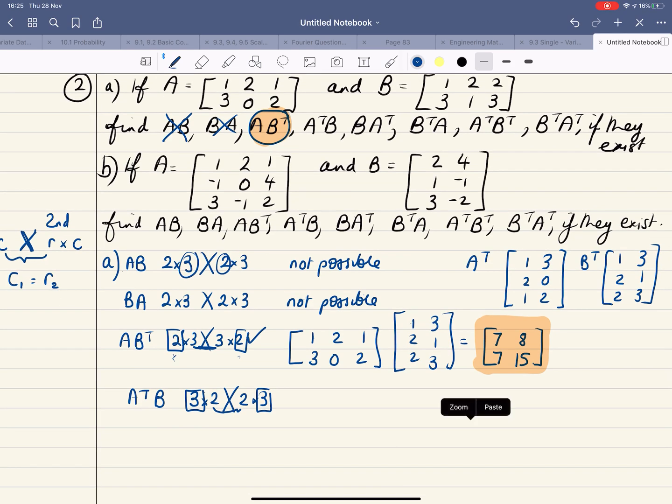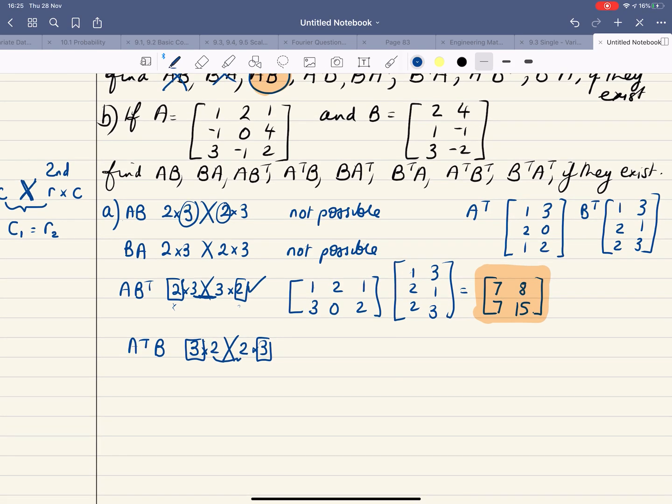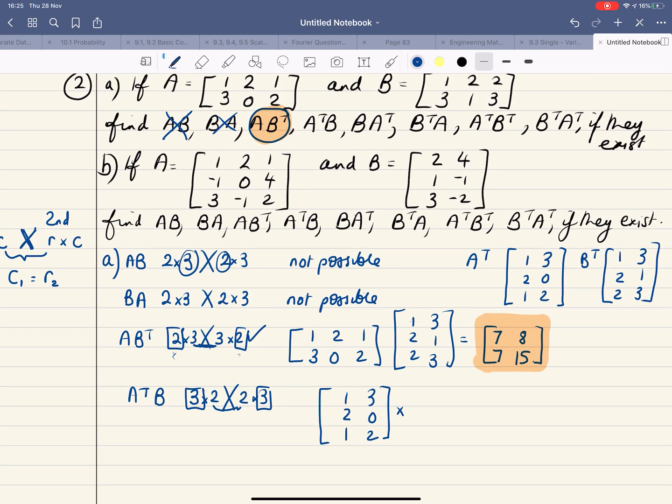So it's A transpose, 1, 2, 1, 3, 0, 2, times B, 1, 3, 2, 1, 2, 3. And it's going to be a 3 by 3, so I need a big matrix here.